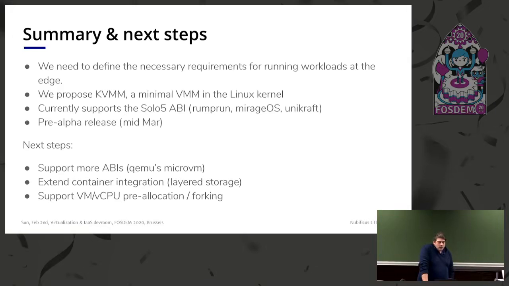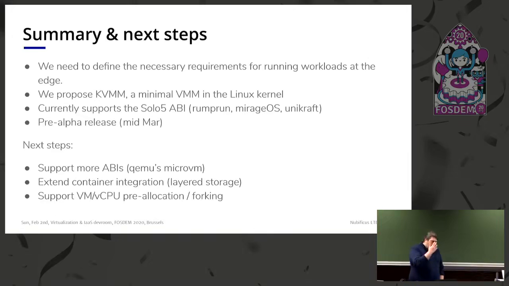Our next steps are to support more ABIs. So we would like to try running something more, let's say, extending our ability to run more applications. We would like to study the container integration.